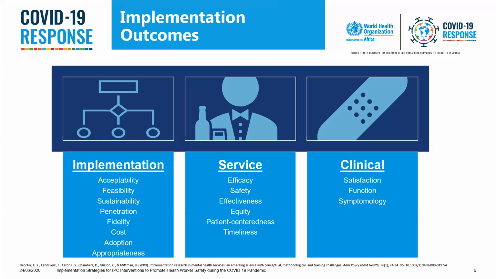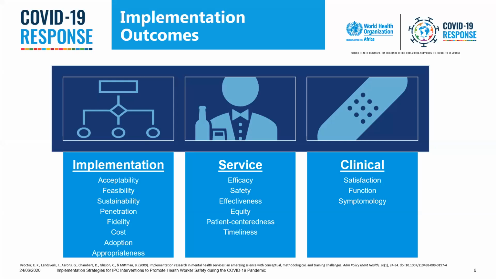There are also service outcomes that we are interested in, around efficacy and effectiveness. With a lot of our IPC evidence-based practices, we already know that these are effective and efficient practices. So we may not focus as much on the service outcomes during an epidemic as we would on the implementation outcomes.